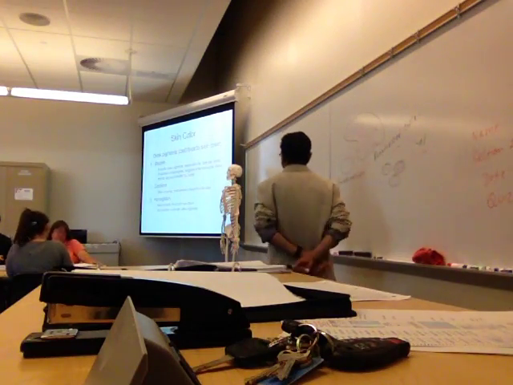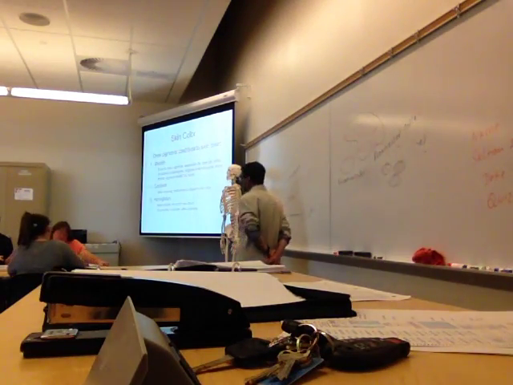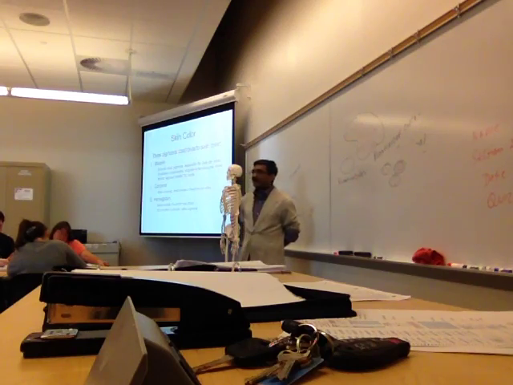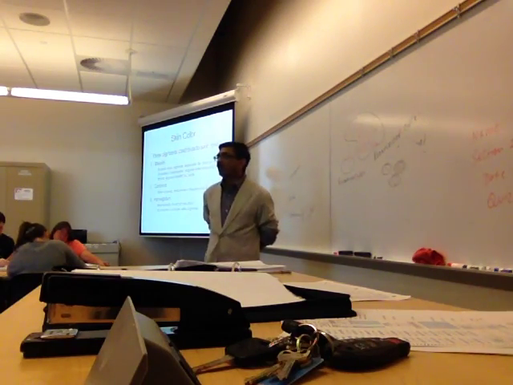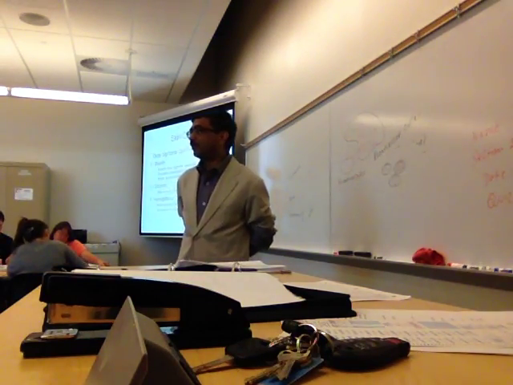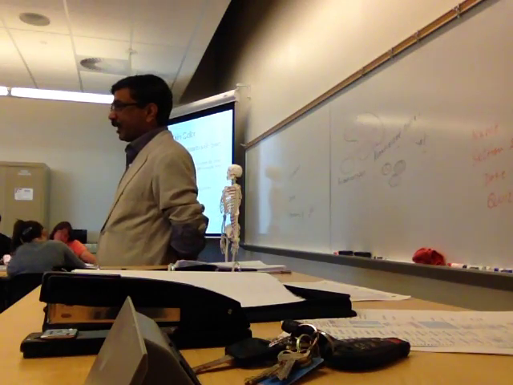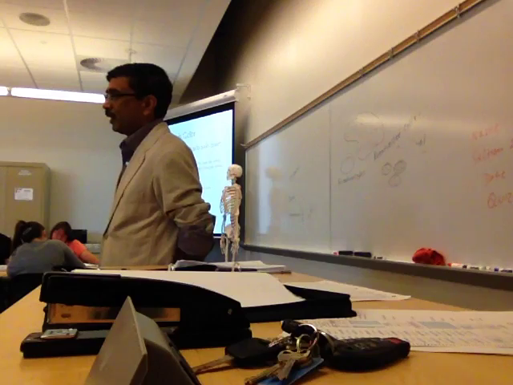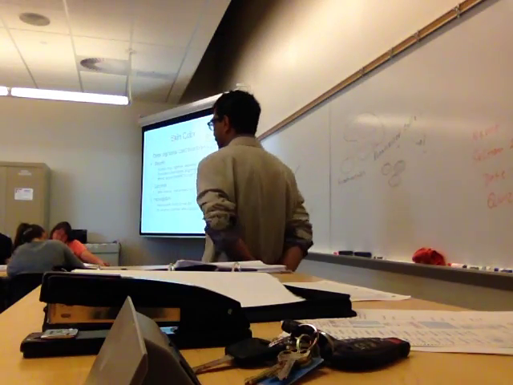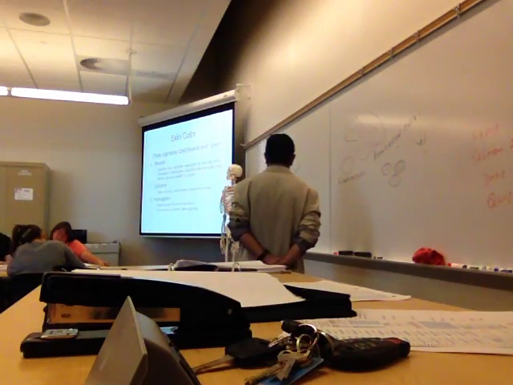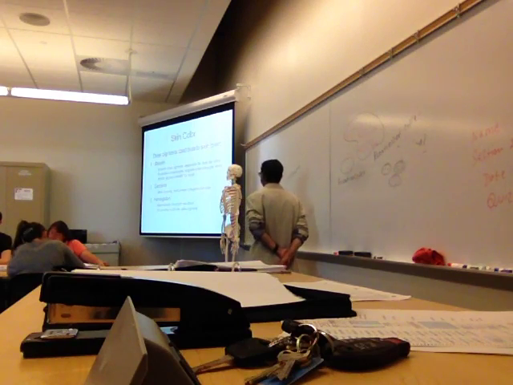Skin color. In our skin, we have a number of different types of pigments, and those pigments have colors, and because of the colors of the pigments, the color of the skin is different.